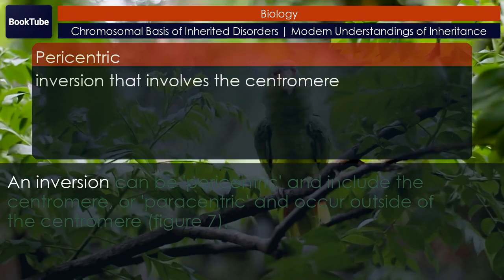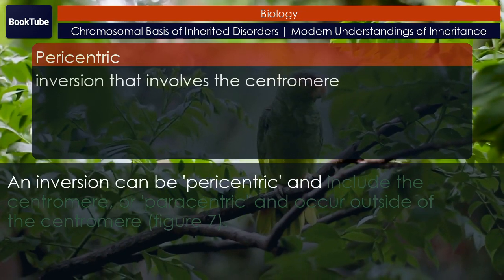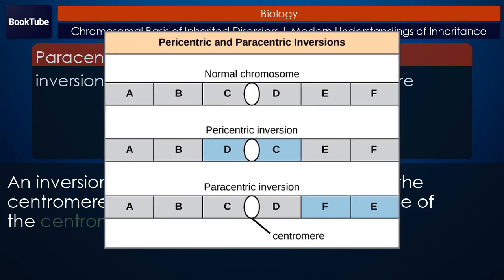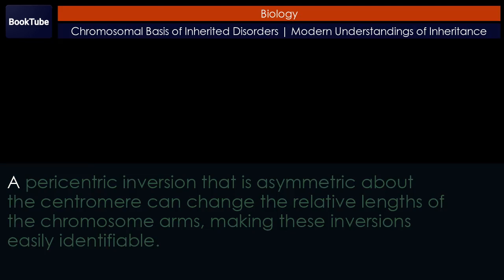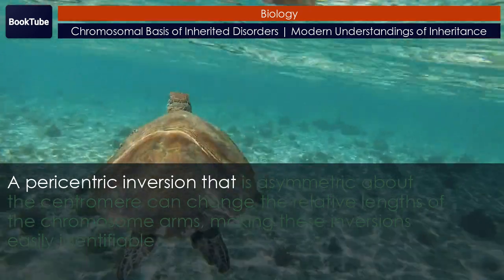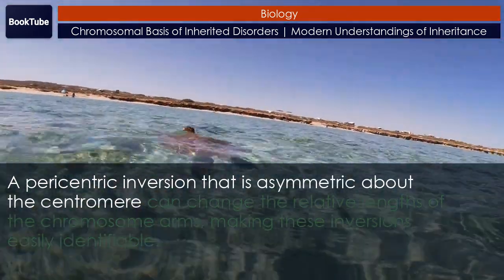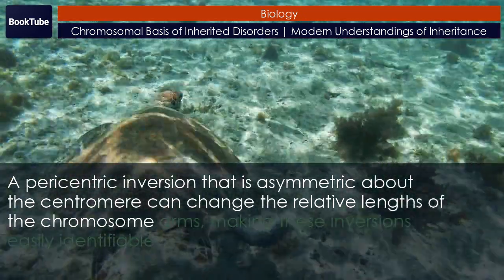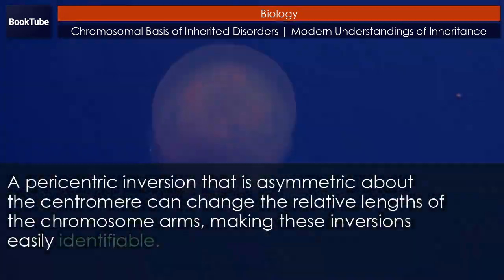An inversion can be paracentric and include the centromere, or paracentric and occur outside of the centromere. Figure 7. A paracentric inversion that is asymmetric about the centromere can change the relative lengths of the chromosome arms, making these inversions easily identifiable.